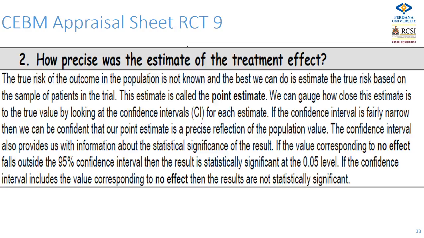If it's narrow, then we can be confident that our point estimate is fairly precise. It also gives you some idea about the statistical significance of the result. And if the confidence interval includes the value corresponding to the null effect, or no effect, then the results would be statistically insignificant.